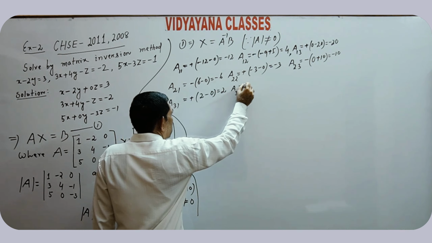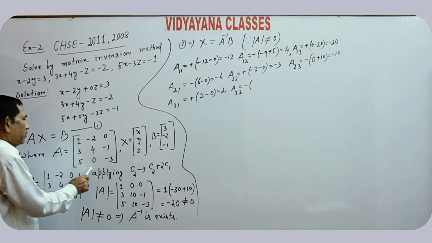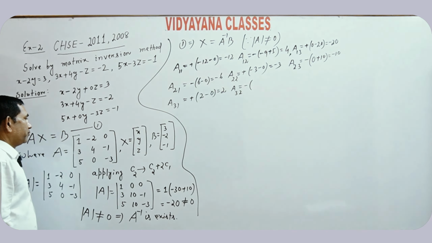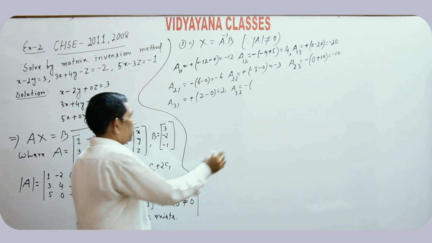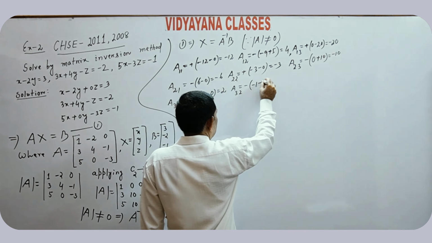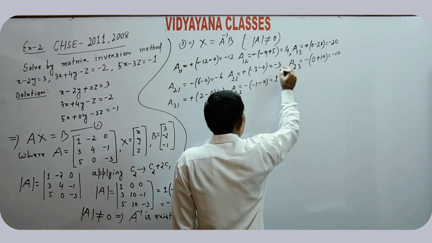A32. Its sign is negative. Deleting third row and the second column. 1 into minus 1, that is minus 1. Minus 1 minus 0, that is equal to 1. A33.